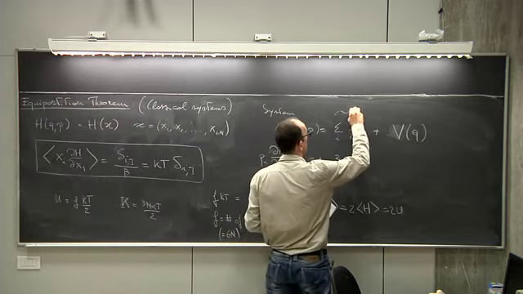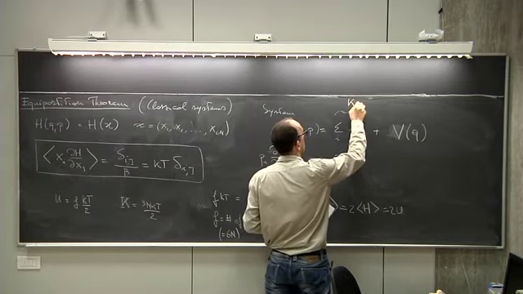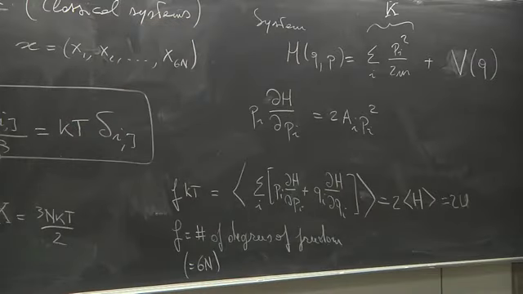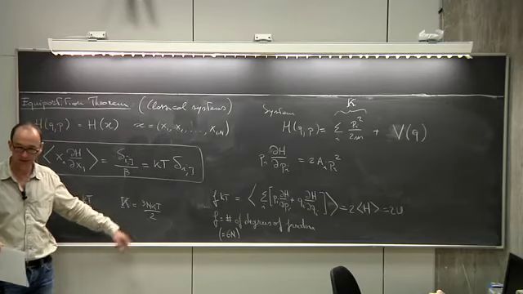So the expected value of this part, which is the kinetic energy, since this is quadratic, will be equal to 3n half kT.